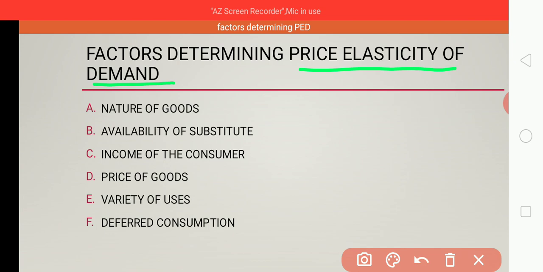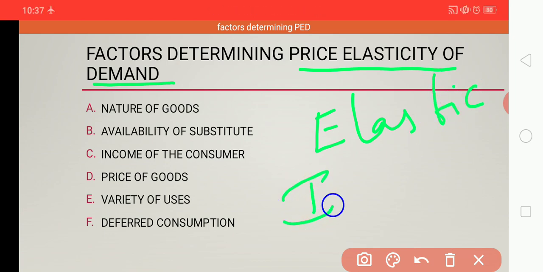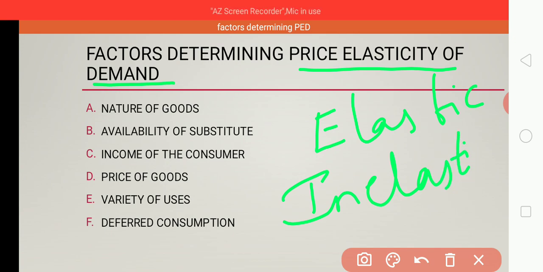In elasticity we have types. One is elastic, another one is inelastic. Elastic means which expands and contracts. Here expansion and contraction is not in a physical component, I am saying it's in demand.